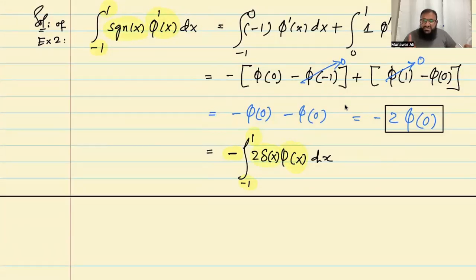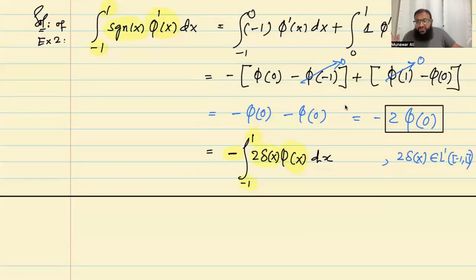But we have already discussed that the derivative is g, and g must be in L1. Unfortunately, this 2 times delta x is not in L1 from -1 to 1.